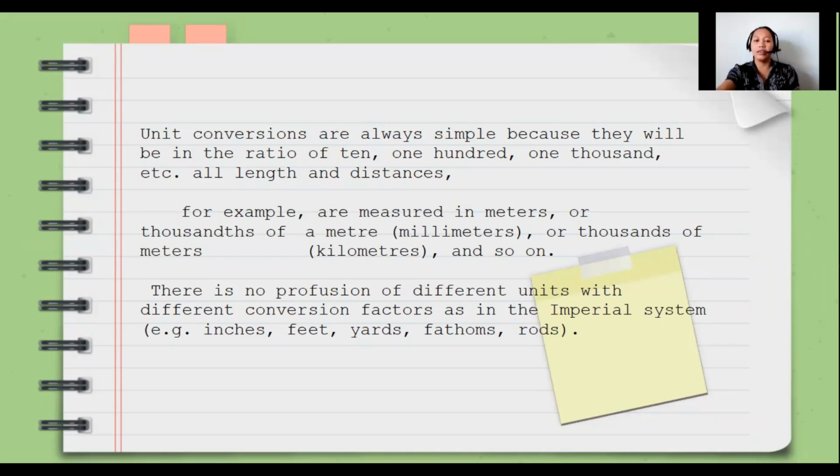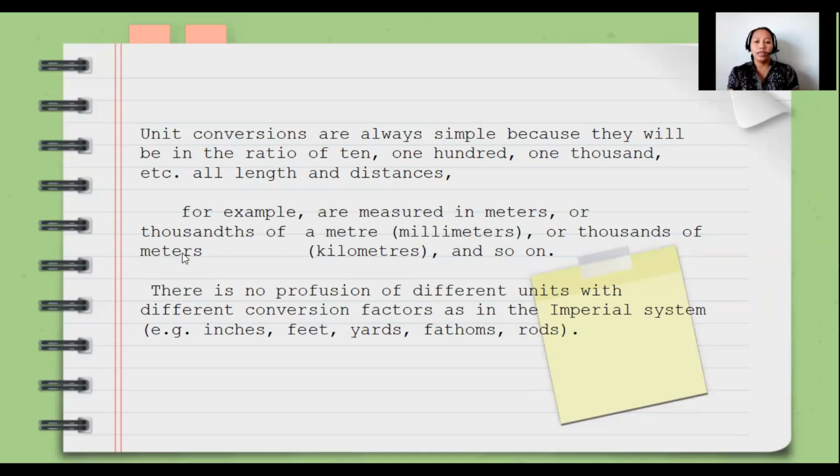You will notice here the difference between thousandths and thousands. When we say thousandths of a meter, or millimeters, we are referring to a negative exponent, which is 1 times 10 raised to the negative 3. While thousands of meters refers to kilometers, where kilo means 1,000, which is 1 times 10 raised to the positive 3 exponent, and so on.